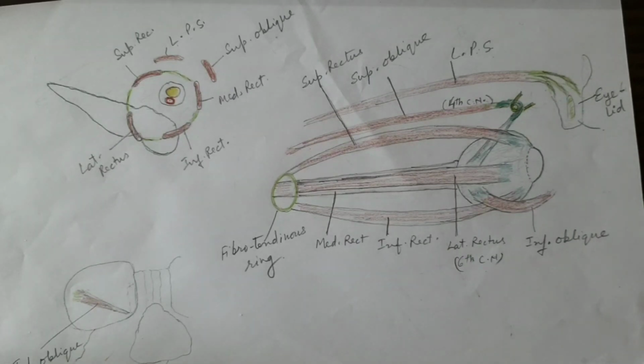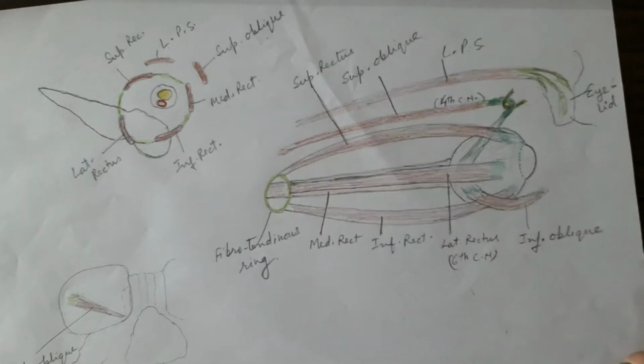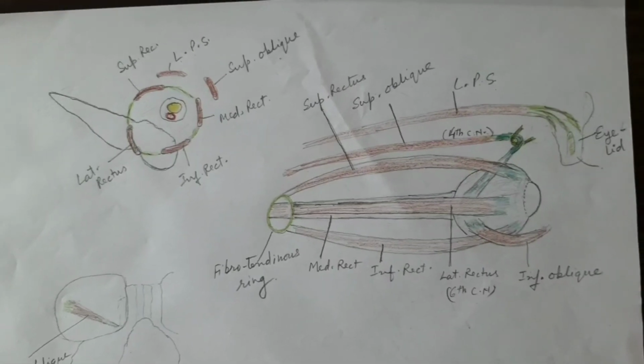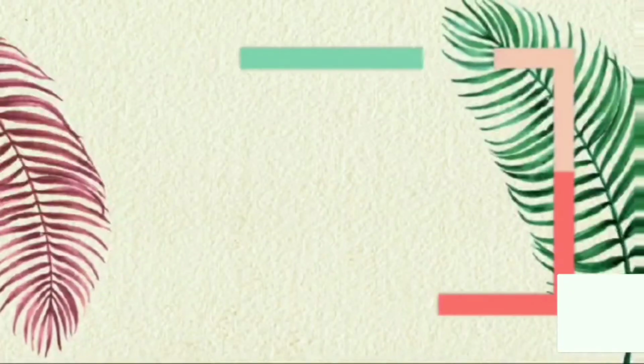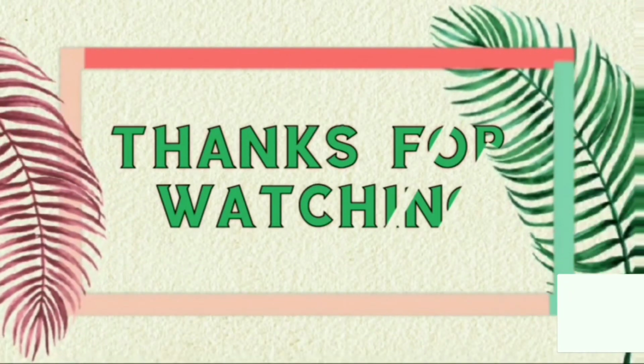So the superior rectus, inferior rectus, medial rectus, inferior oblique and the levator palpebrae superioris will be supplied by the oculomotor nerve. Now I hope that you have understood the origin, insertion and nerve supply of these extraocular muscles. Thank you very much for watching this video.